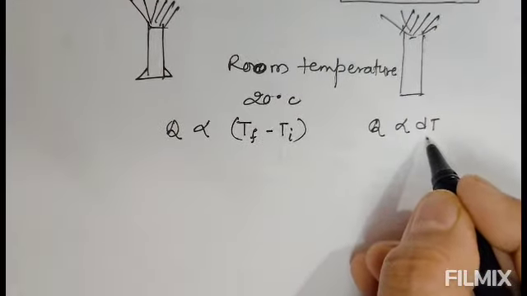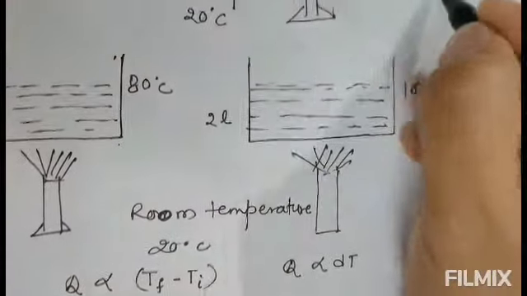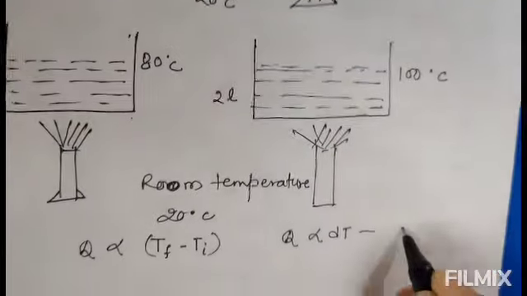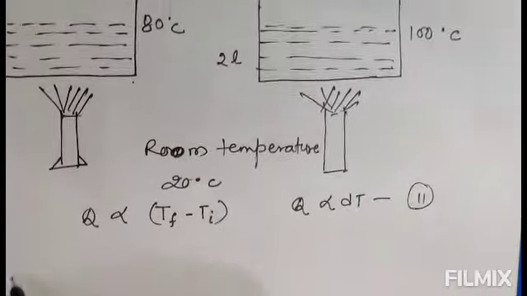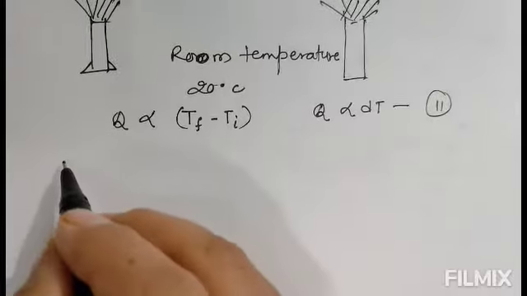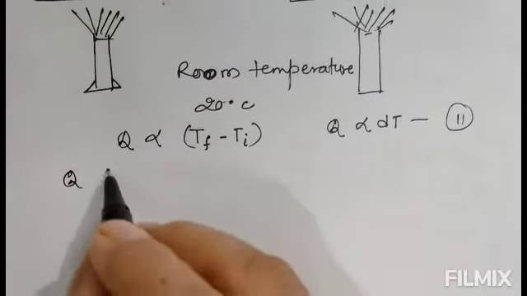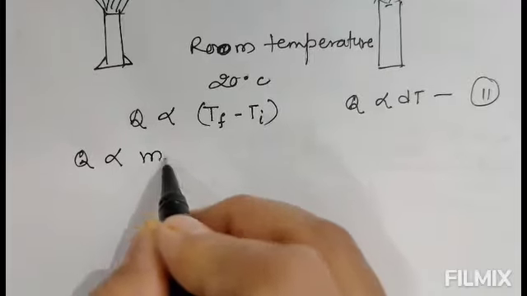You can see in both the first equation and the second equation, if we combine these two, that is Q is directly proportional to m and Q is directly proportional to dt, we get a formula here, Q is proportional to m dt.